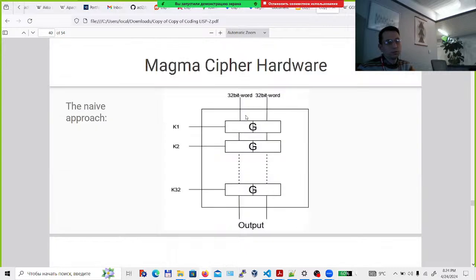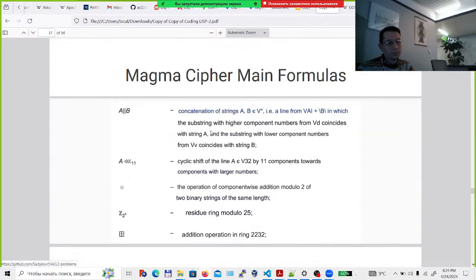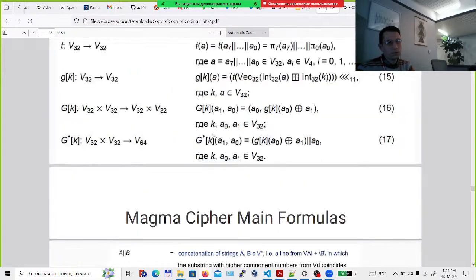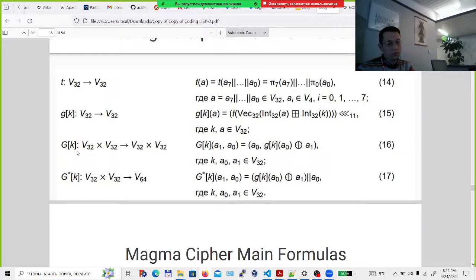We continuously do transitioning. The G function is this one, which is a part of the GK transition. GK transition is a part of the T transition. T transition is just permutations, and the permutations get the input, the unencrypted message, and do the encryption.